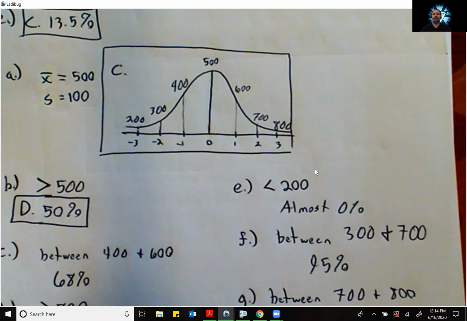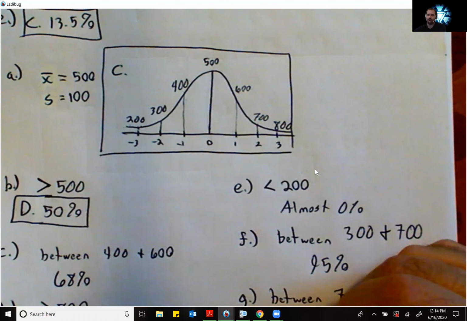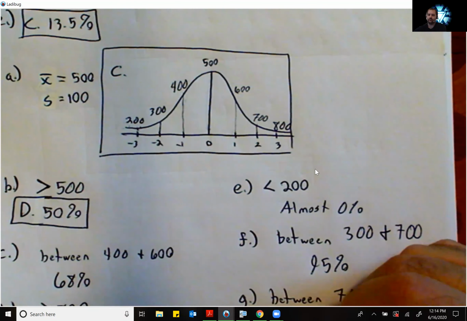700 and 800. How much? 2.5? No. 34. Say that again, Miriam. 34%? No. 2.35.